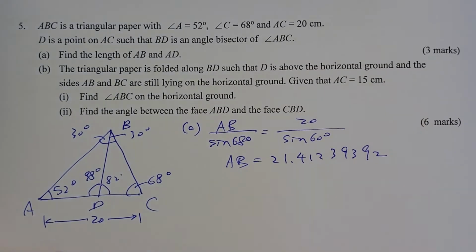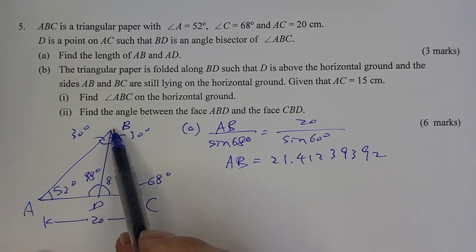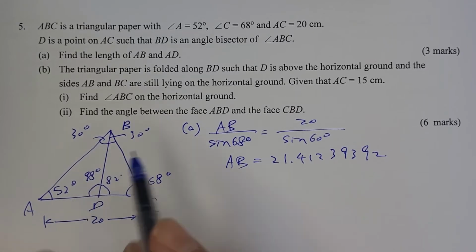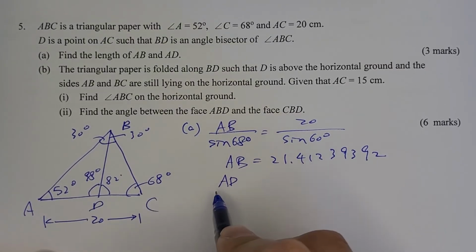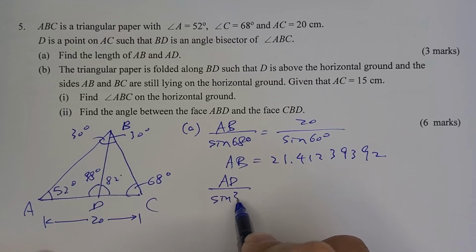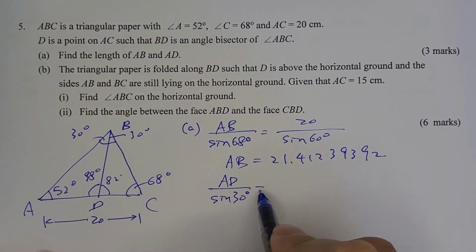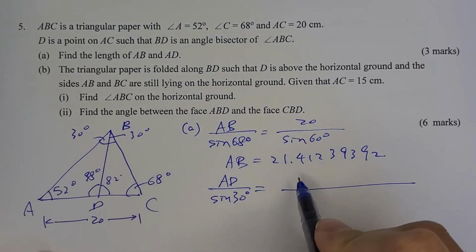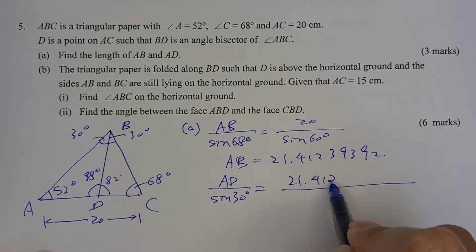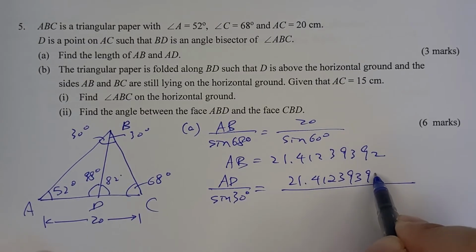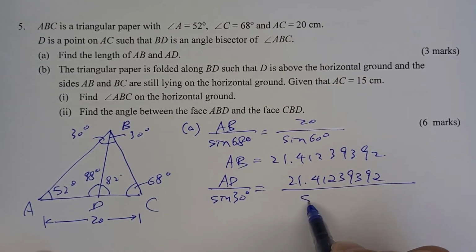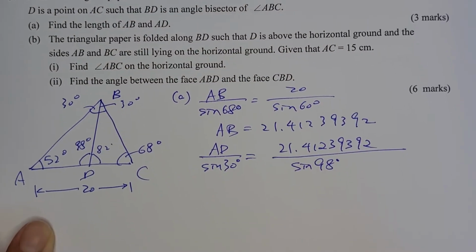And how do we find AD? Again, in the small triangle ABD, you can use the sine rule again. AD over sine 30 degrees equals this one, AB, 21.41239392, divided by sine 98 degrees.